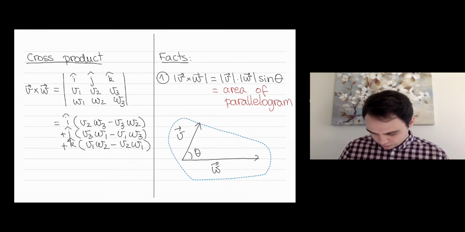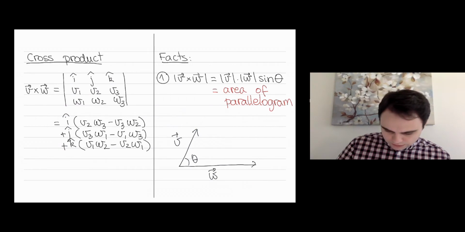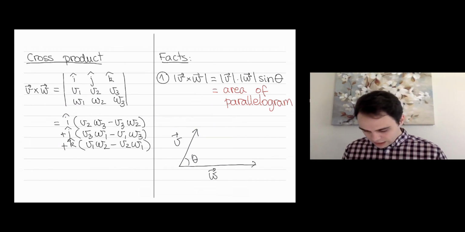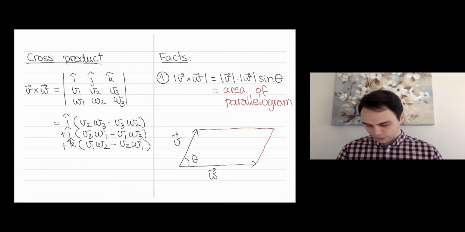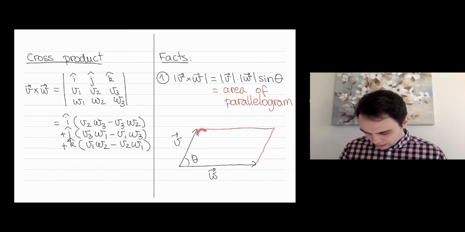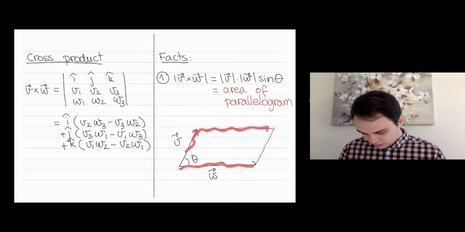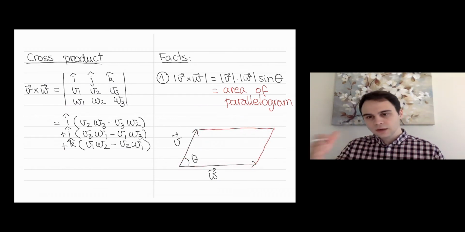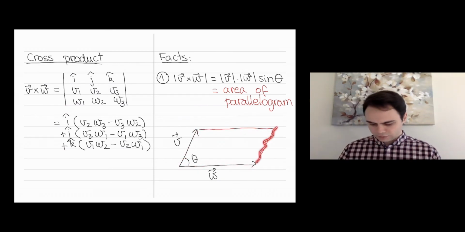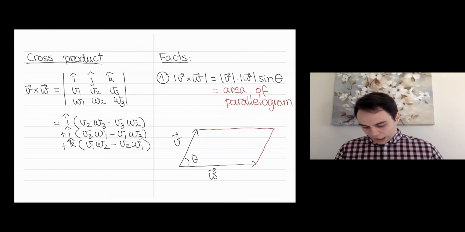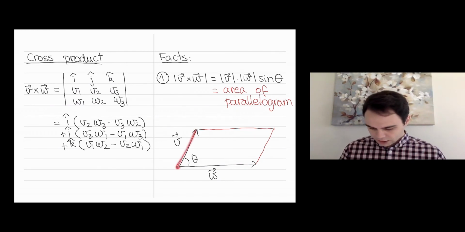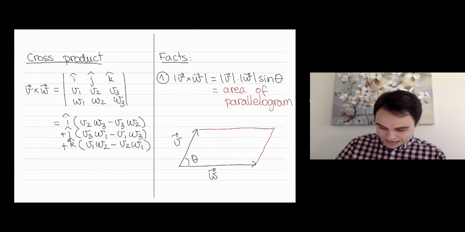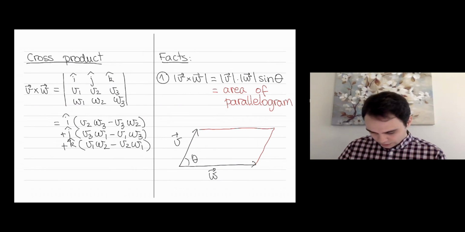Let me move this triangle down. Here's the parallelogram I mean. You start with two vectors, and then you can build a parallelogram just by taking copies of the two vectors and placing them like I just did. So this side over here is a copy of W, here's V, and I get a copy of V emanating from the tip of W. Then the length of V times sine theta is the height of this parallelogram.